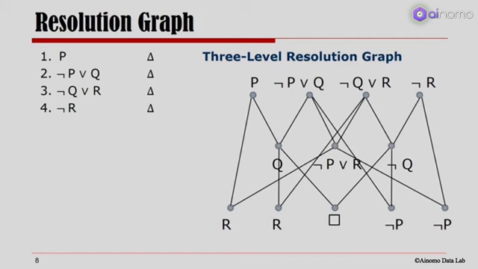So, here is the resolution refutation algorithm, the basic steps for proving a conclusion phi given the premises. Let us assume we have a set of premises, all expressed in first order logic. As I was emphasizing, the first step would be to convert all sentences to clausal normal form.